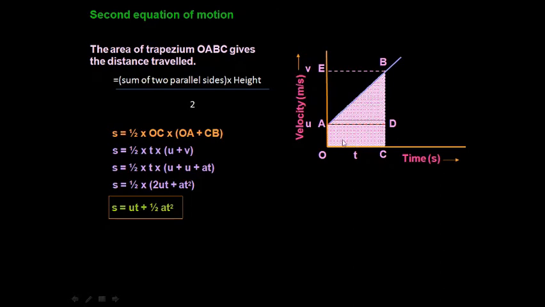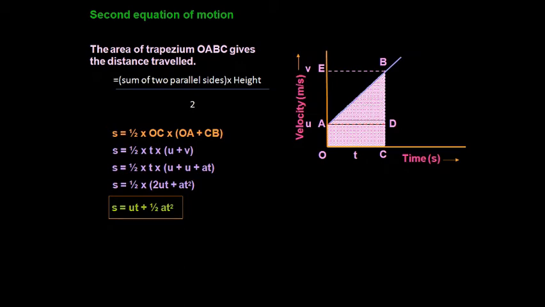So here the area is shown in a shaded manner, and the shape formed is a trapezium. O, A, B, C is the trapezium.